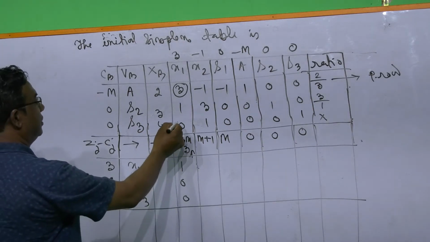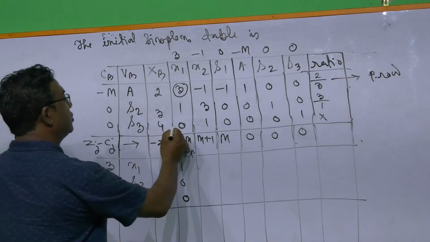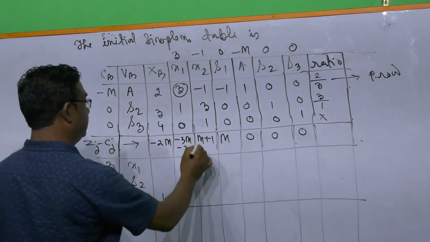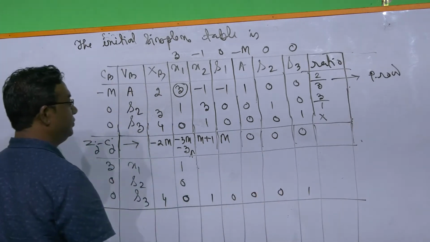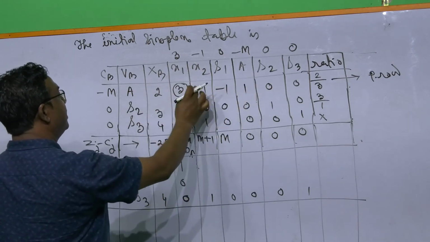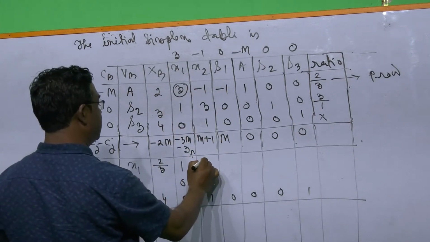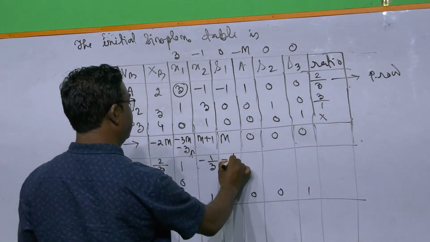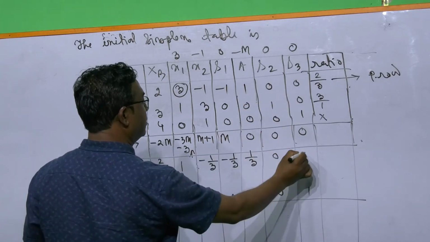Now this 0 remains unchanged, so this row remains the same. You write 4 here, 1, 0, 0, 0, 1. Then you change this 3 to 1 by dividing the first row by 3, so you divide 2 by 3, then minus 1 by 3, then minus 1 by 3, then 1 by 3, this is 0, this is 0.